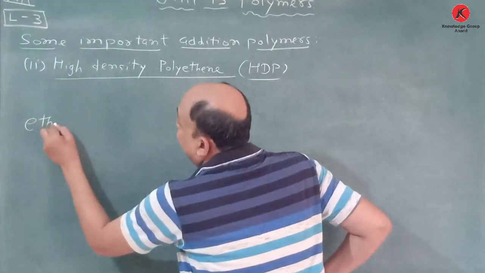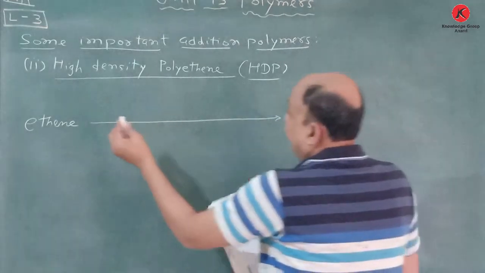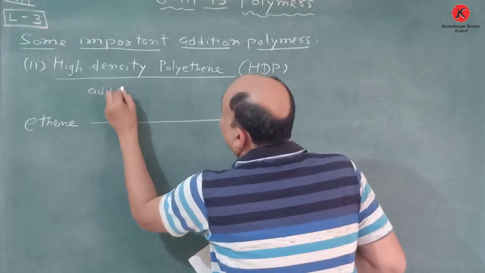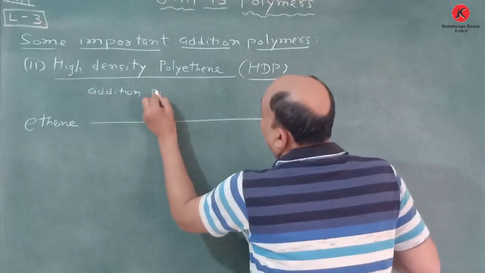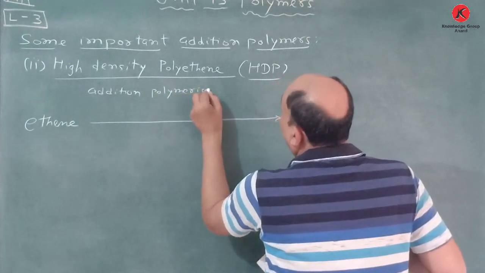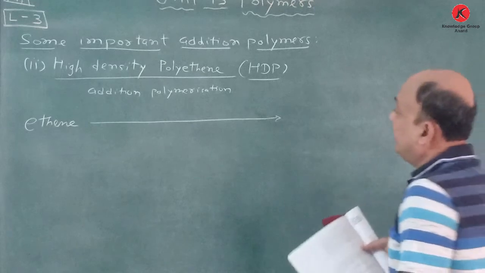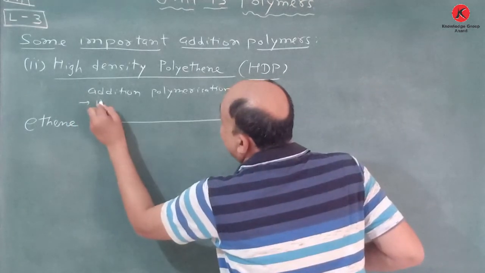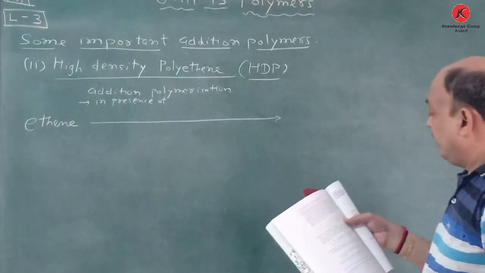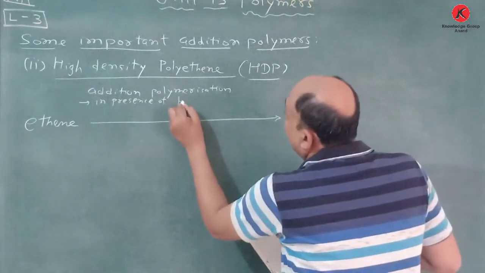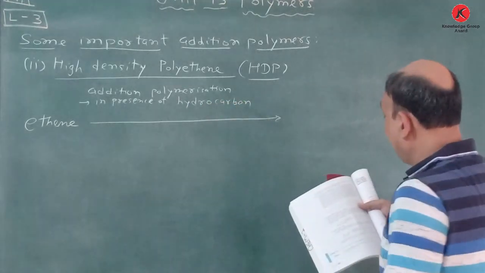That means you write down here ethene, and here you write down the sentence: addition polymerization of ethene takes place in presence of hydrocarbon solvent.